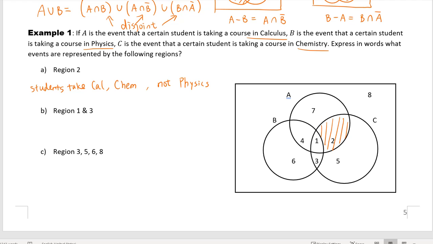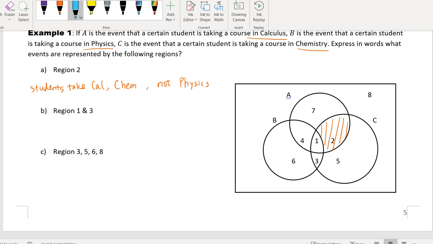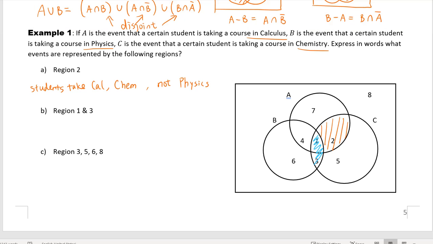Region 1 and 3. Alright, so with 1 and 3, you can see students take B and C. B is physics and C is chemistry.